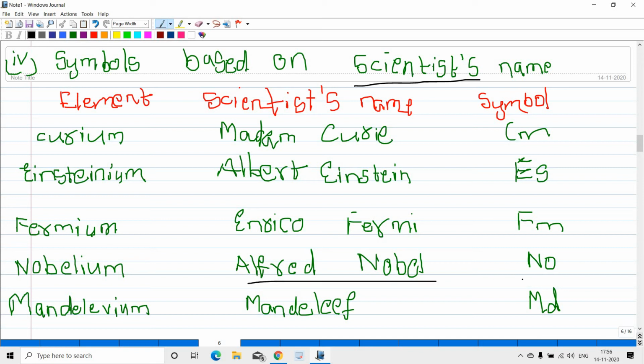Alfred Nobel, and the symbol is related to No. These elements were discovered by scientists, and the symbols of those elements are Cm, Es, Fm, No, Md. I already wrote the first letter in capital and the second letter in small. Keep that in your mind always. You should not forget to write the element symbols in the right formation.